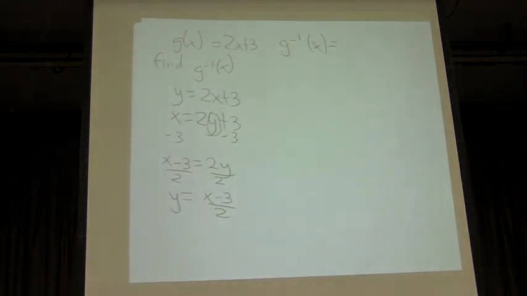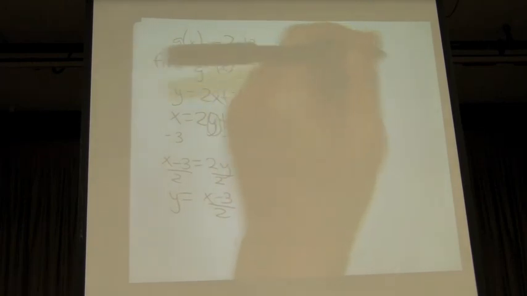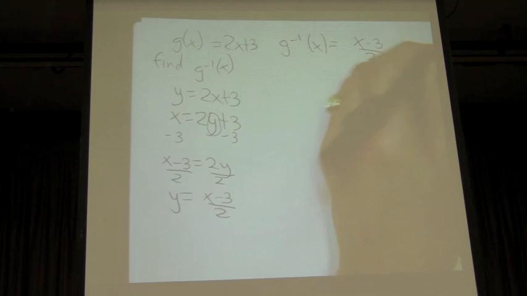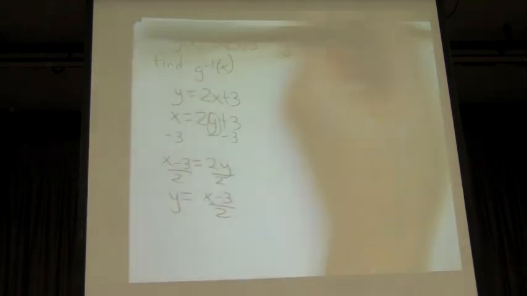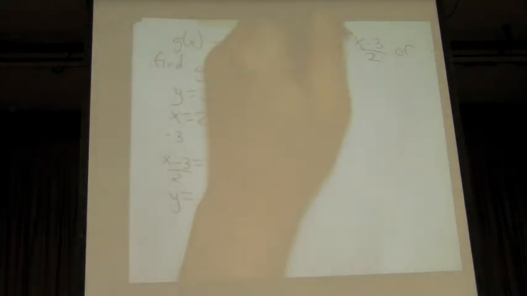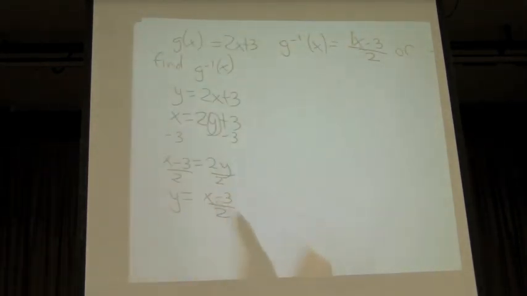And so you could say the inverse of g of x is x minus 3 over 2, or your teacher might want you to write it as 1/2 x minus 3/2 by basically taking the 1 over 2 x minus the 3 over 2.